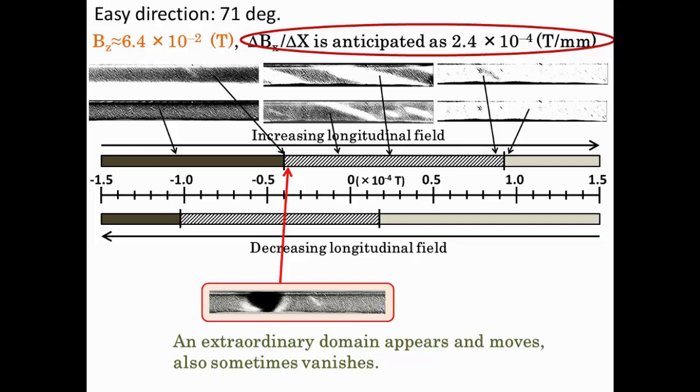It's like a bubble domain, and the details are not clear now, but there is some phase transition of magnetic domain that appears by controlling the normal field value.